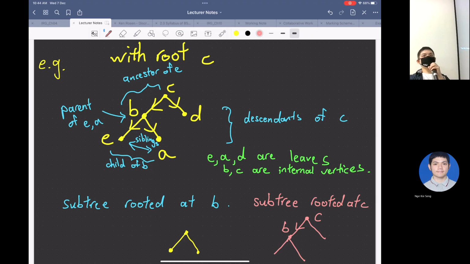So far, any question on this terminology? I think it's quite straightforward, right? It's just some terminology before we get into the real subject, but we will do it next week. Any question? No?